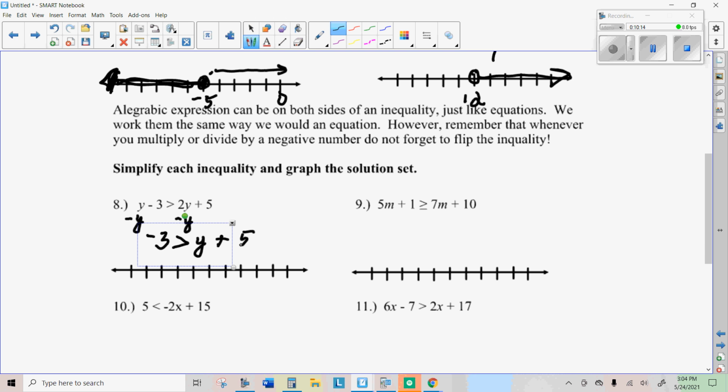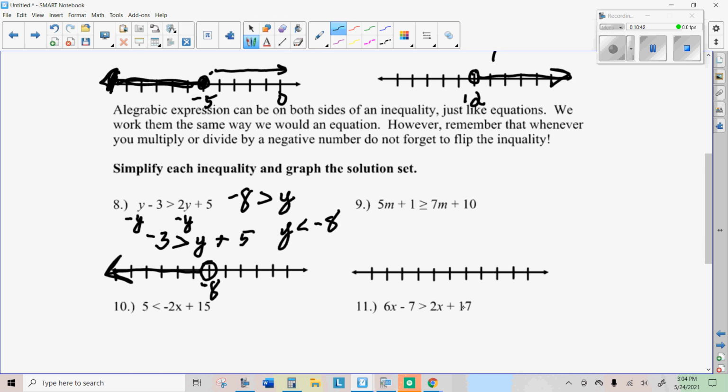Now I can just backtrack by doing negative 3 minus 5, which is negative 8. So I have negative 8 is greater than y. And that's the same as y is less than negative 8. So to graph that, I would do that.